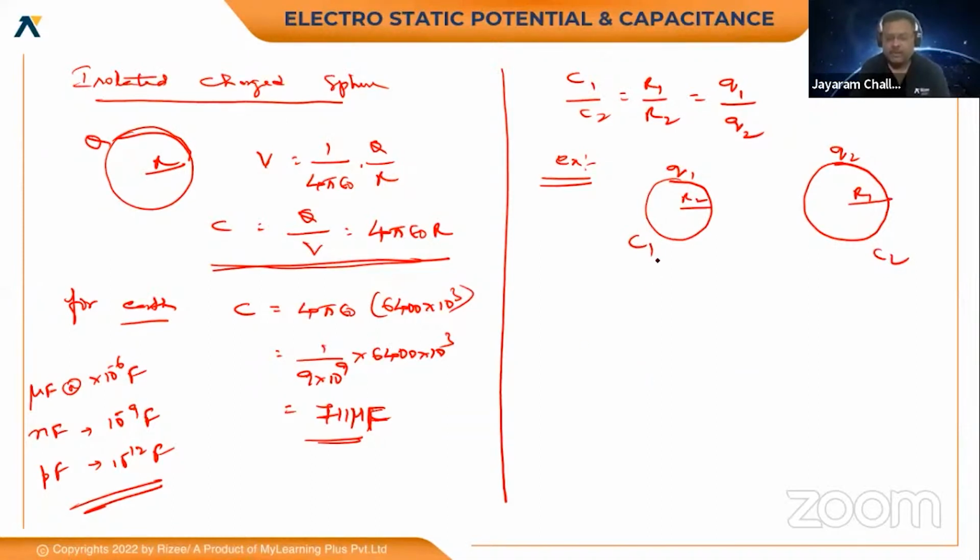And now, if these two are connected with a wire, which is a conductor, then charge starts flowing from one to the other. So in that situation, you can use this relationship also.